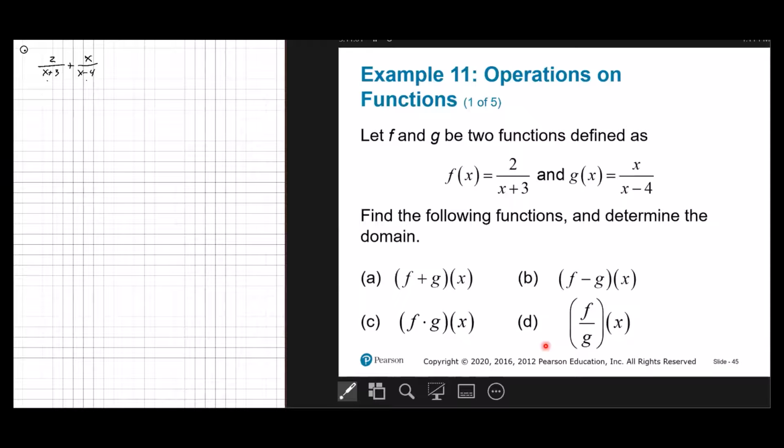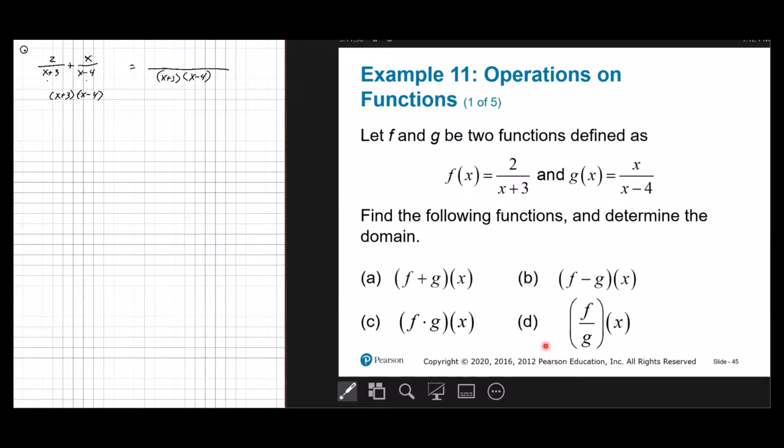Well, to get the denominators the same, in this case is just multiplying the two denominators. So the common denominator is x plus 3 times x minus 4. So when I end up multiplying these together, my common denominator is going to be x plus 3 times x minus 4. And I go straight to the common fraction.